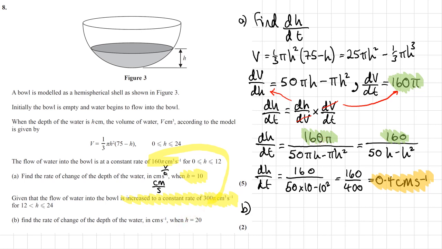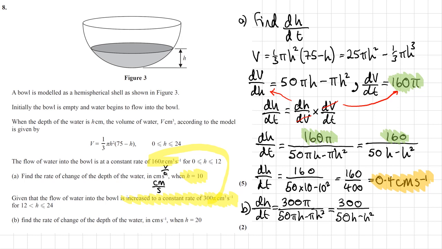So dh/dt now is going to be 300π over 50π h minus π h squared. Again, we can take all the π's out, and we end up with 300 over 50h minus h squared.